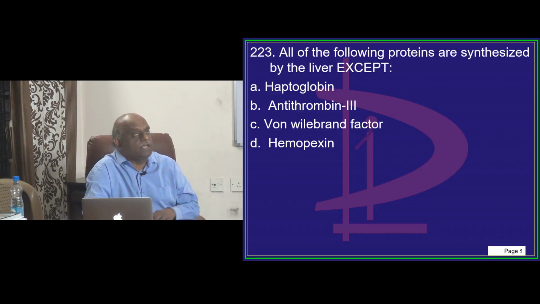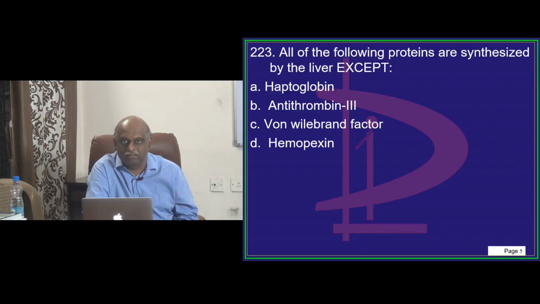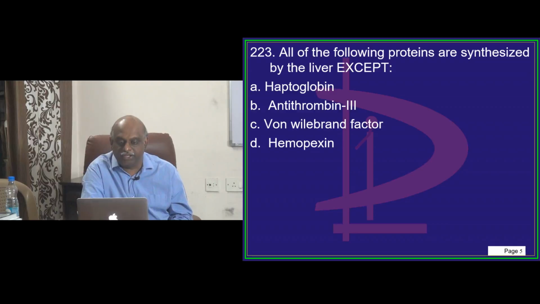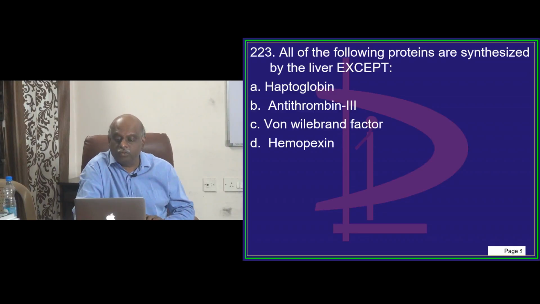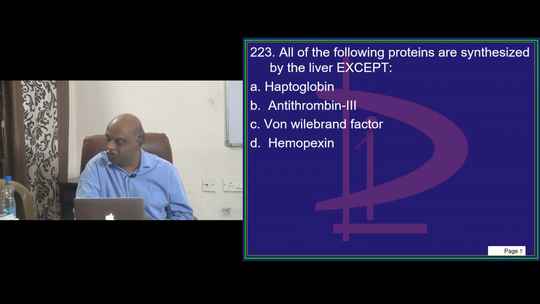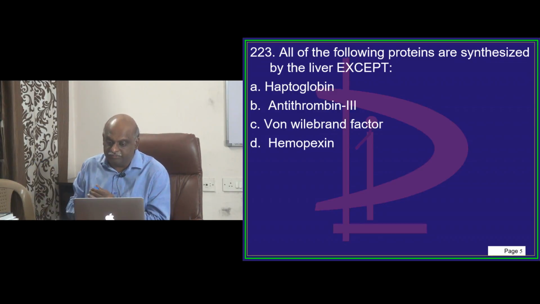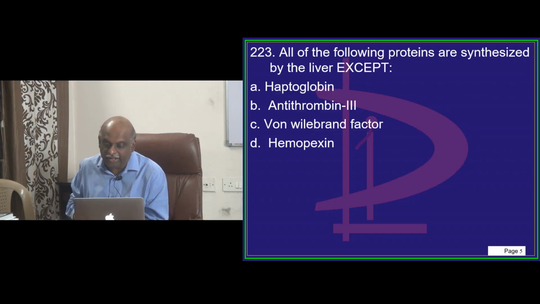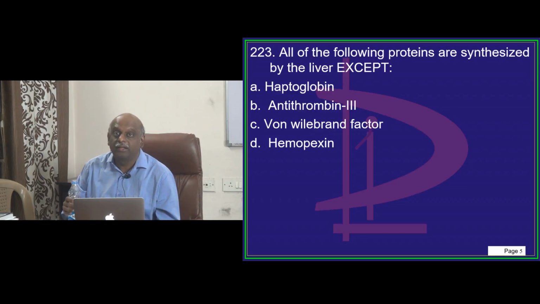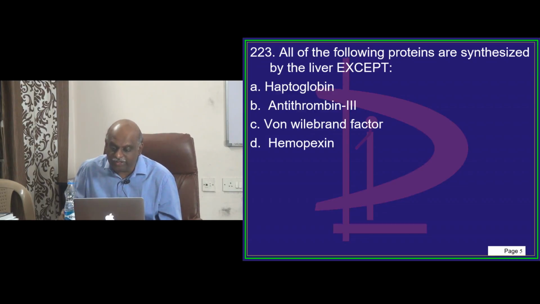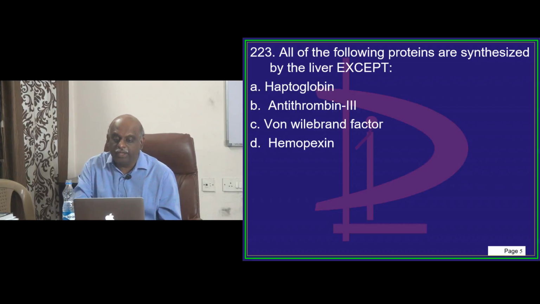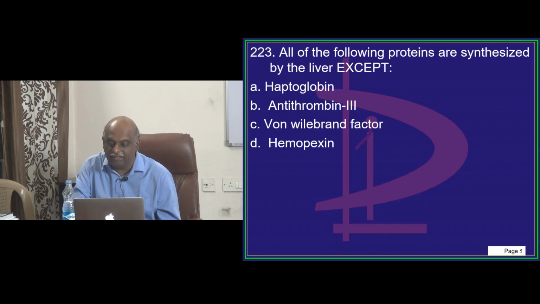All these proteins are synthesized by the liver, except what? It is not synthesized by the liver is my question to all of you. Question number 223. Saurav is thinking C and von Willebrand factor.